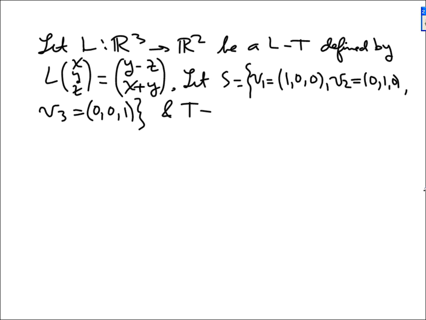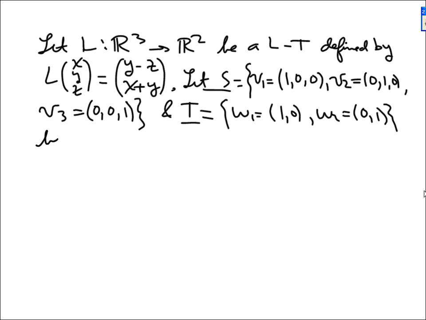Let S be that, and T equal the following: w1, which is 1, 0, and w2, which is 0, 1. And T is the basis for R2, the natural basis. So let's formally say this. Let S and T be bases for R3 and R2 respectively.